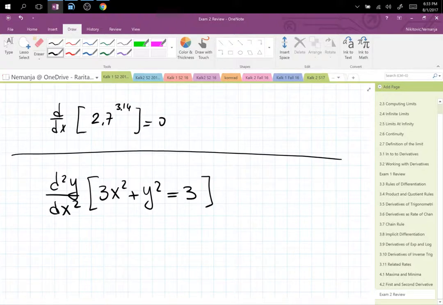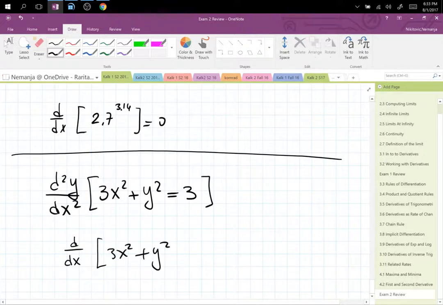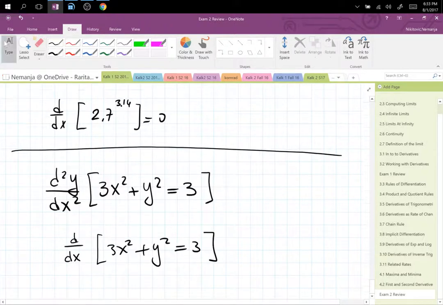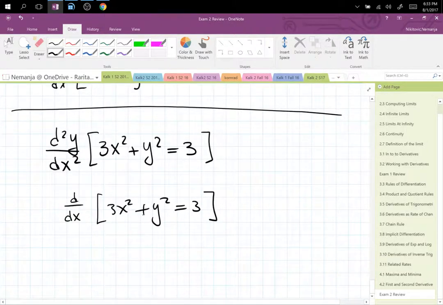Hold on. If I can't even get this, I feel bad. So we first find the first derivative. Not even close. So taking the derivative, we get 6x plus 2y dy/dx equals 0.